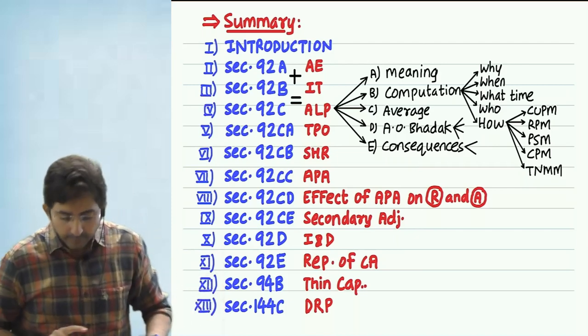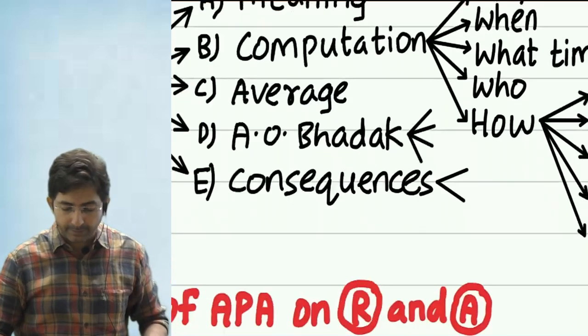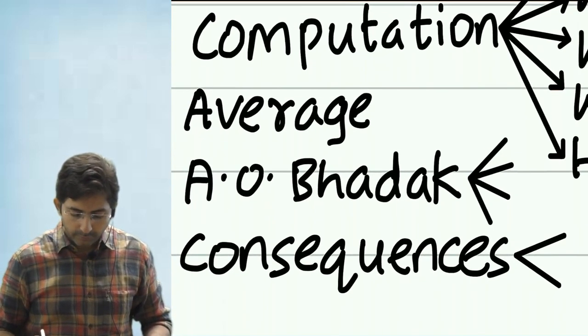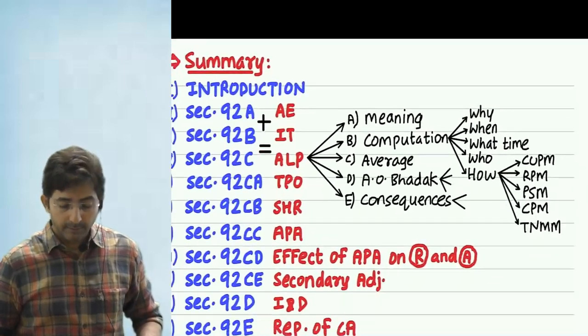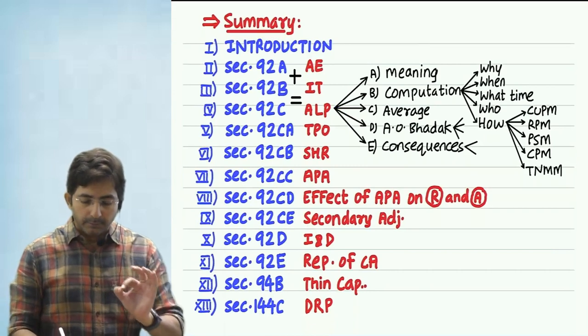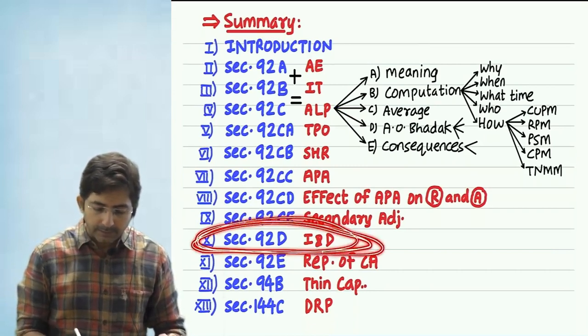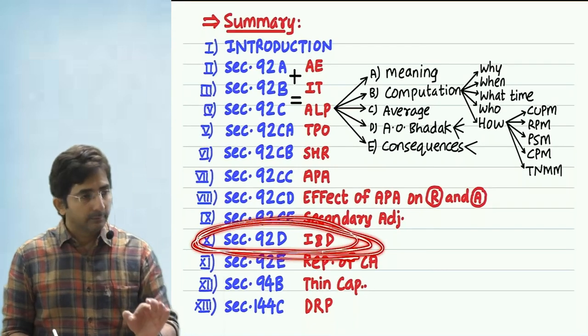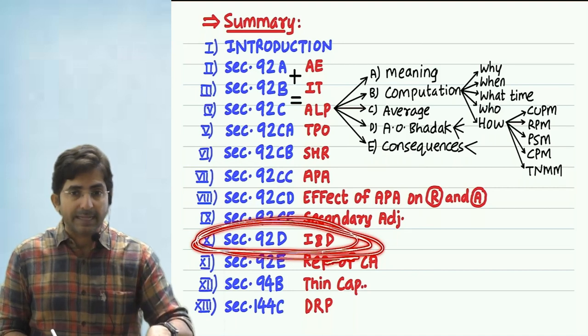Then, third, how many circumstances will make AO angry? Four. Can you see here, four? Two I have said. Third point, look at this. These information documents which I have been saying under section 92D, the assessee is supposed to maintain. If he doesn't maintain, AO will get angry.